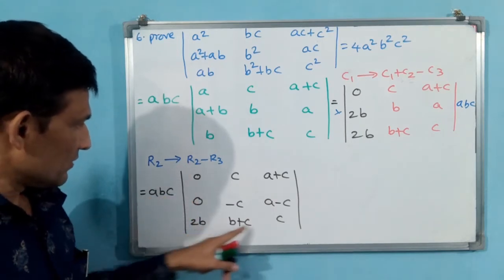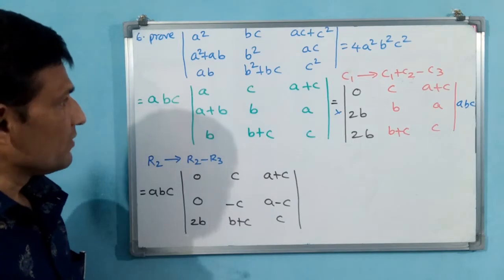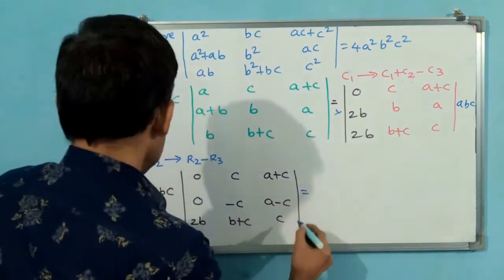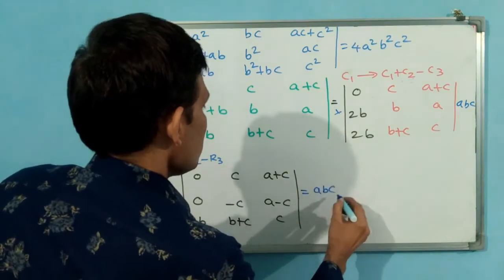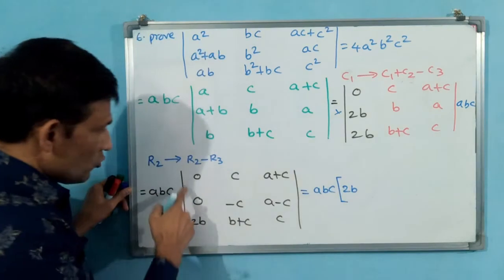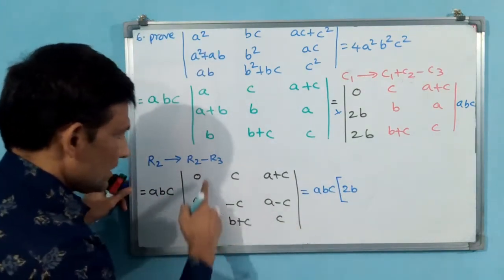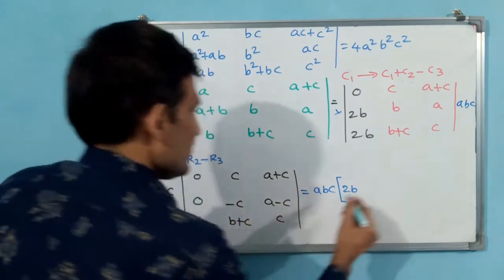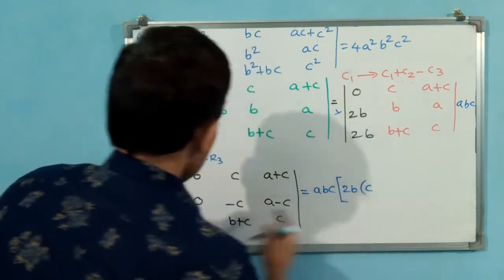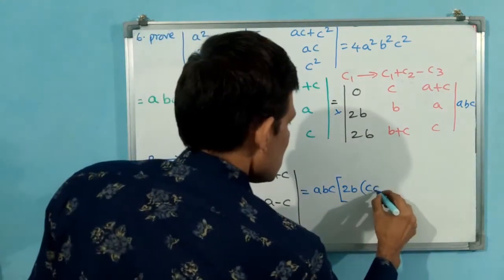Why? Because of this 2b. This is equal to abc outside, into 2b into, you see, this 2b has plus minus plus signs, so we close this, then c into a minus c, that is ca minus c square.